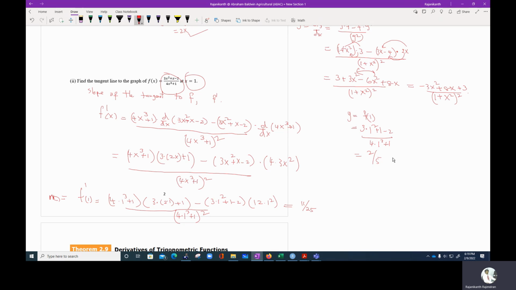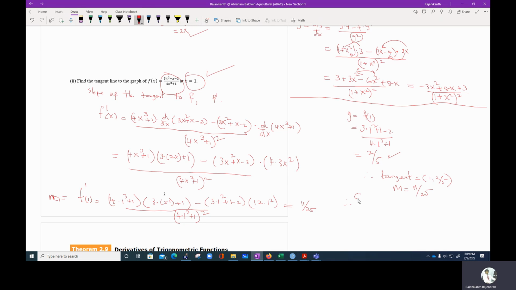So that's going to be the y coordinate of the tangent point. And this is the x coordinate, 1, which is given. Therefore, the tangent point is 1 comma 2 over 5. You know the point, you know the slope, 11 over 25. So you know how to find the tangent line.